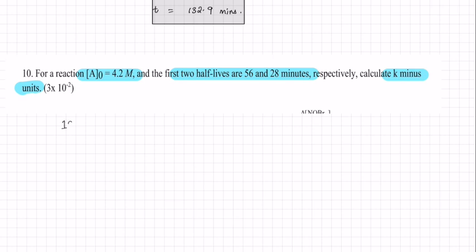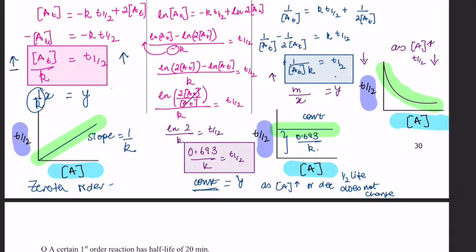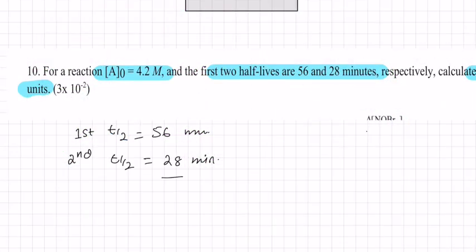Well, you know that the first half-life is 56 minutes, and then the second half-life is 28 minutes. So this is where you will have to think for a second and go back to where we talked about half-lives. On the face of it, it looks like half-life is decreasing as you go on.